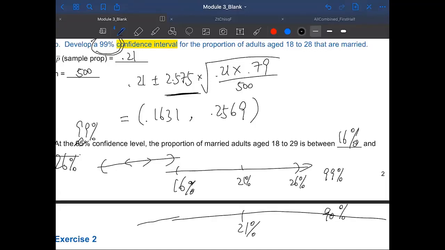So it shrinks when you're less confident. When you move from 99% to 90%, you become less confident, so you can get away with a narrower interval. Your interval becomes narrower for a less confident interval, because it's more likely for a wider interval to contain something compared to a narrow interval.